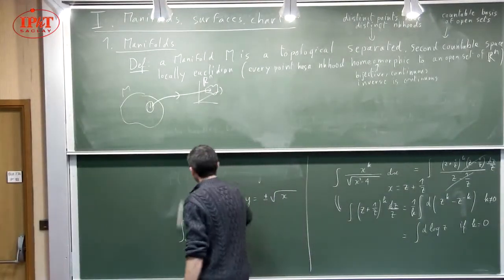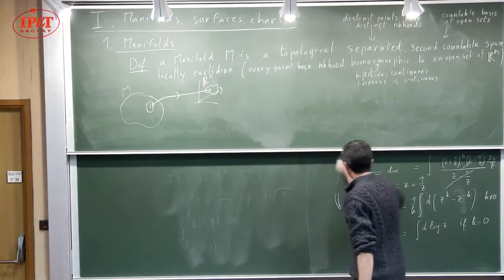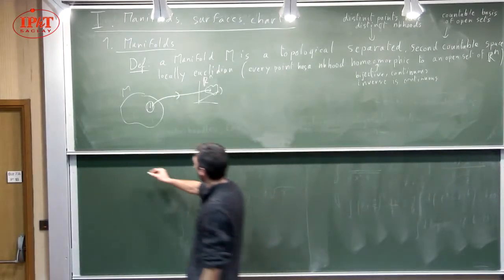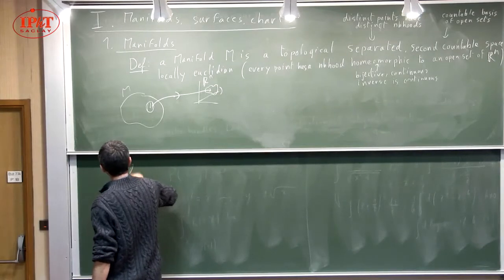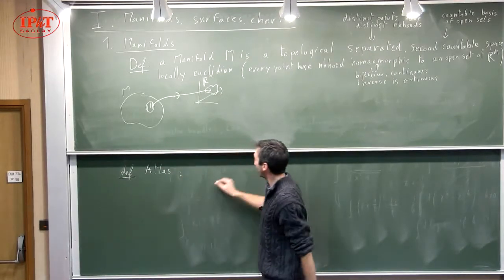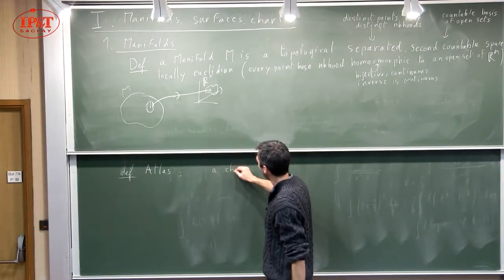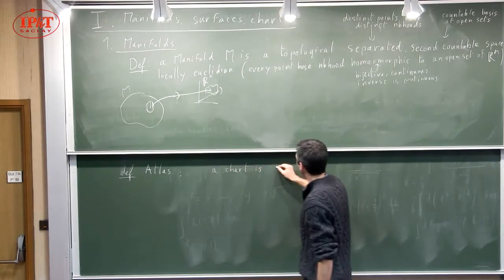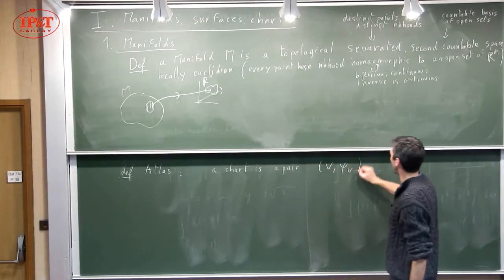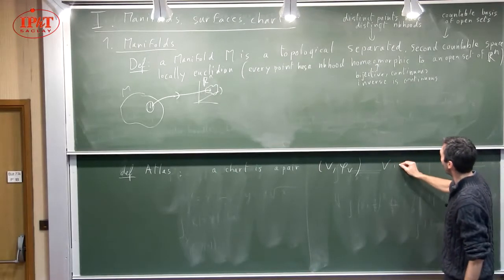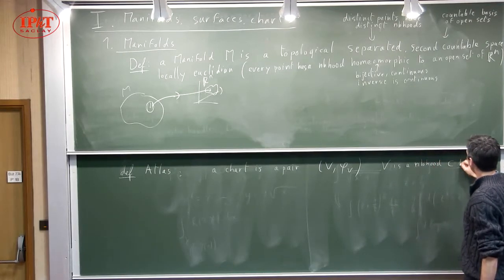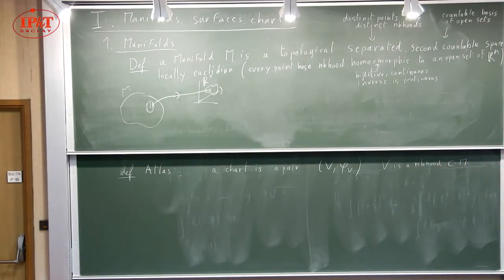What we call a card, an atlas. So a card is a pair (V, phi_V) where V is a neighborhood, so it's an open set included in your manifold.